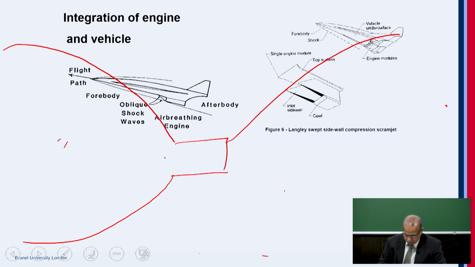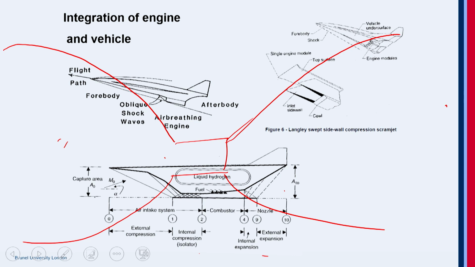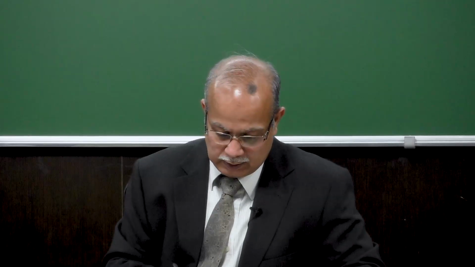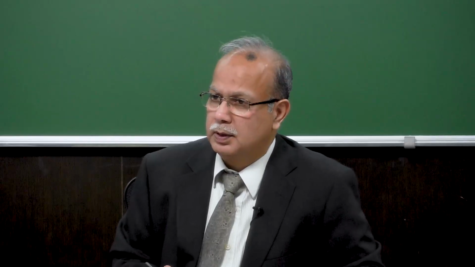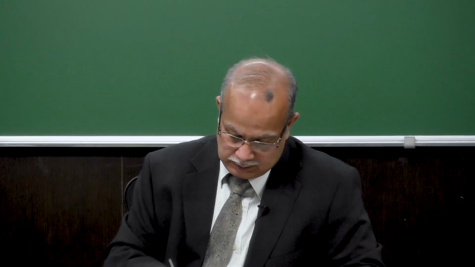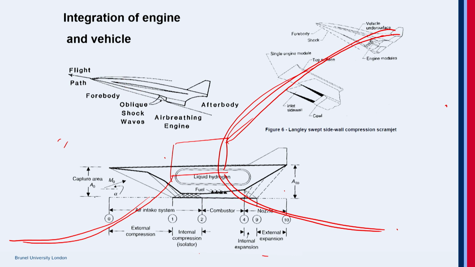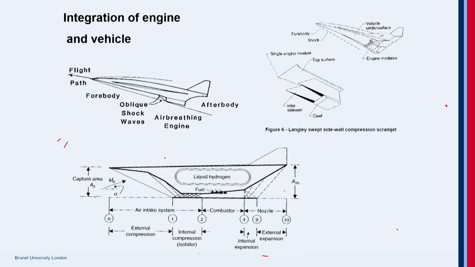So if we don't have an integration of the engine with the aerodynamically streamlined underbody, then it will not be possible to operate it, because you can't have an engine with such a big inlet and such a big nozzle here. So that's why the integration is very crucial.